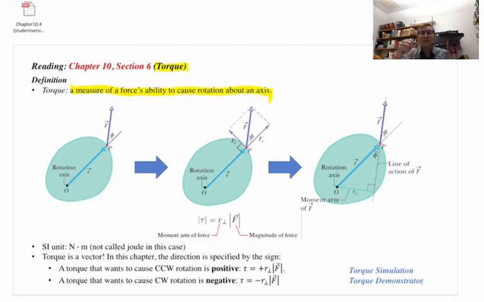But if I don't pull along that line, I can get the thing to rotate. So I can apply a force and I can get a rotation. And we want to be able to quantify how much rotation we can get from that force. So that's one way to think of torque.